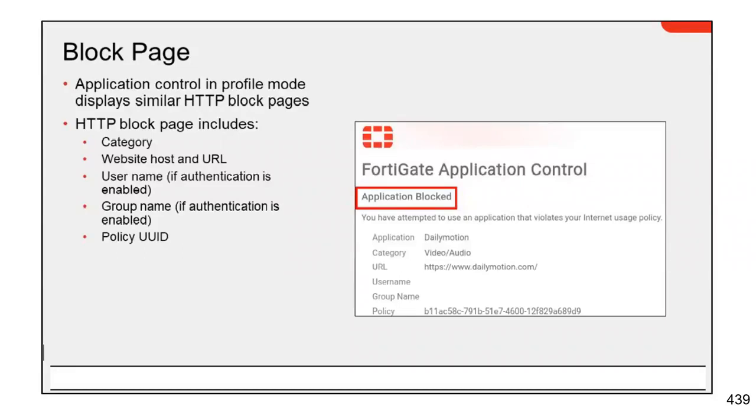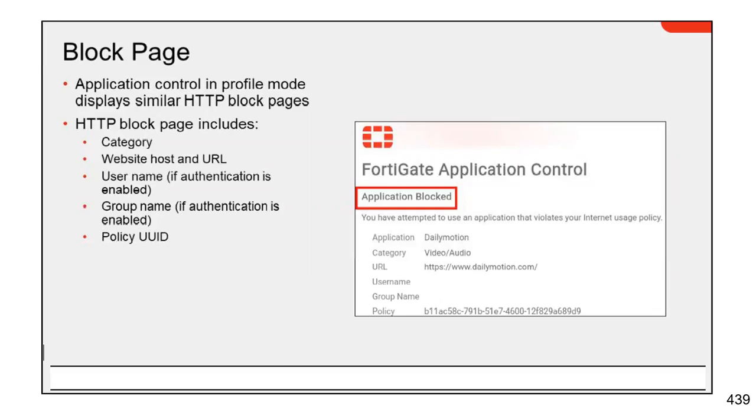This is called a block page. It is similar to the one you configure for URLs that you block using FortiGate web filtering. It is also worth mentioning that if deep inspection is enabled in the firewall policy, all HTTPS based applications provide this block page as well.